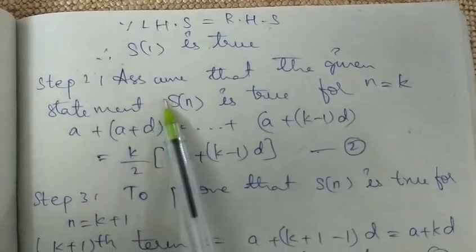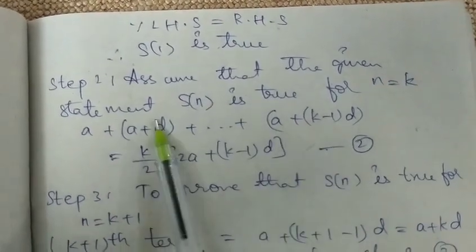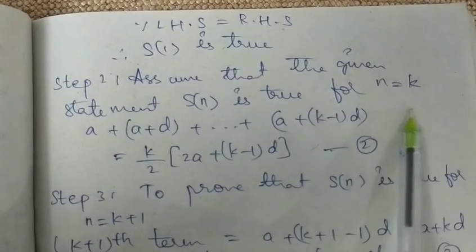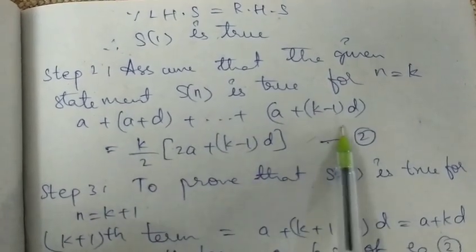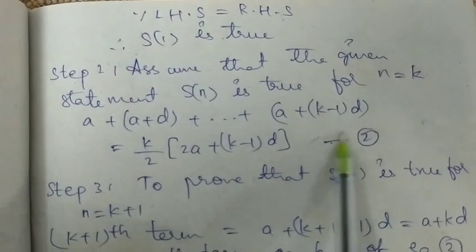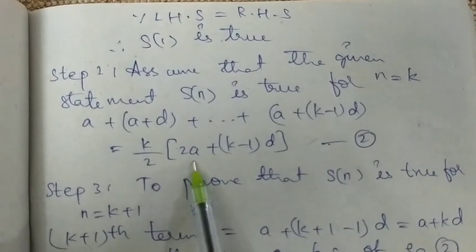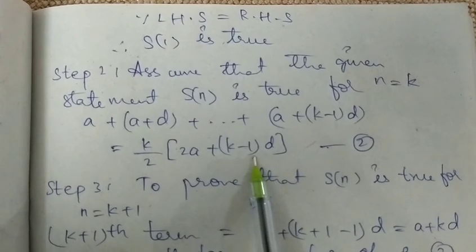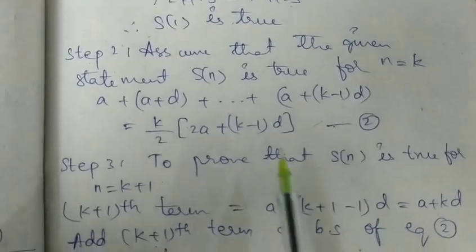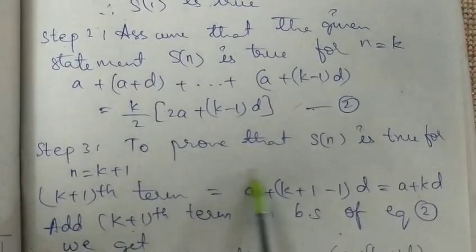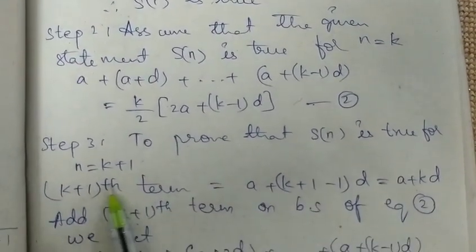Now we have to assume that the given statement S of n is true for n is equal to k, that is a plus d plus so on till a plus k minus 1 into d is equal to k by 2 into 2a plus k minus 1 into d. Now in the third step we have to prove that the statement is true for n is equal to k plus 1.